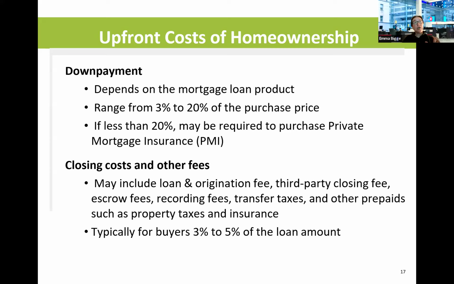If the lender is lending over 80%, in other words, the buyer has less than 20%, the lender does require private mortgage insurance. With that type of insurance, that just adds another layer of cost for the household. Definitely people need to think about it.